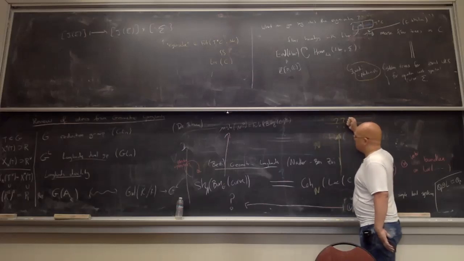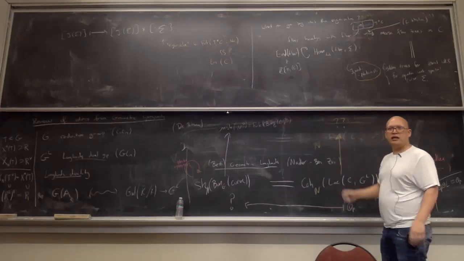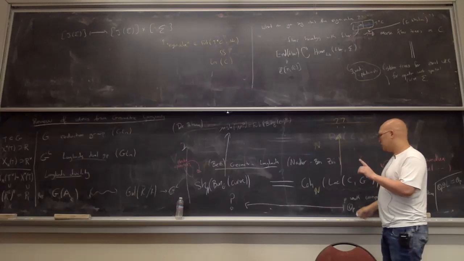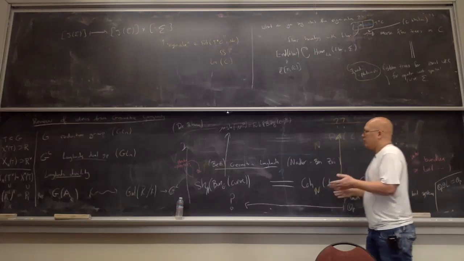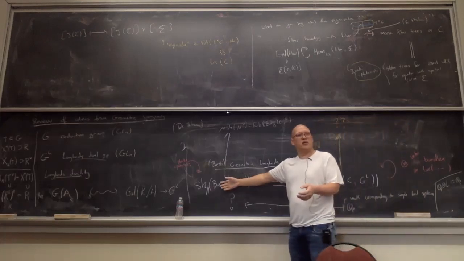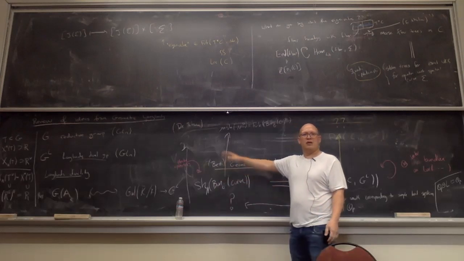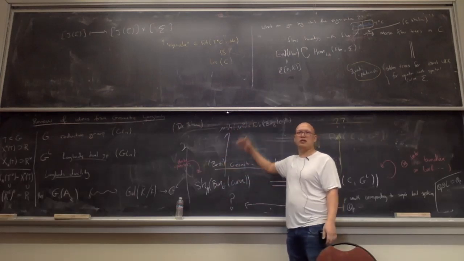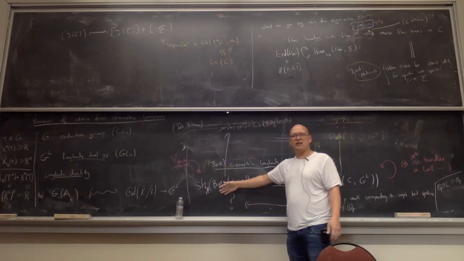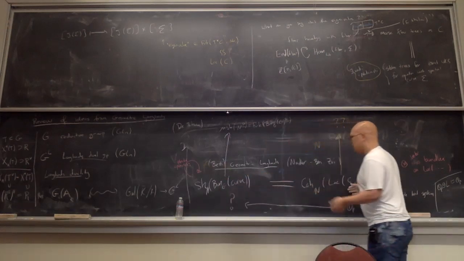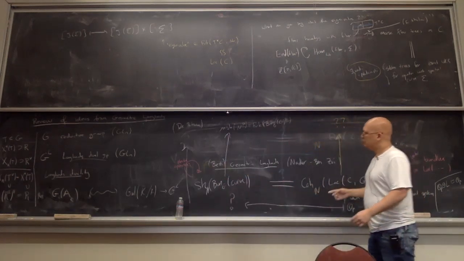And you could ask, can you put something here? And just a remark, if I start taking random quotients of this category, or actually, I don't even know this is a quotient. So if I just do arbitrary things on this side, you might say, well, I don't have any right to expect something over here.